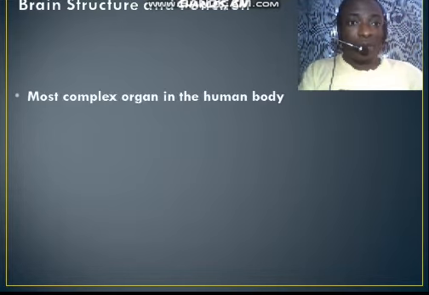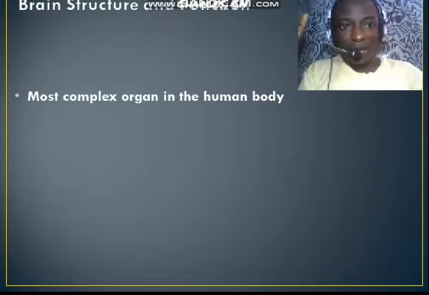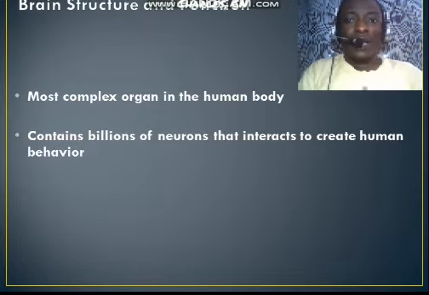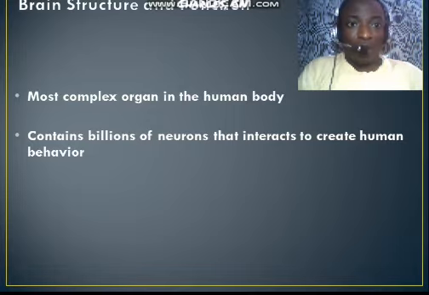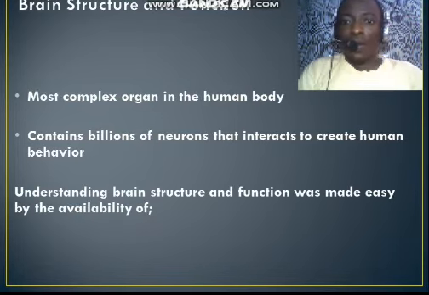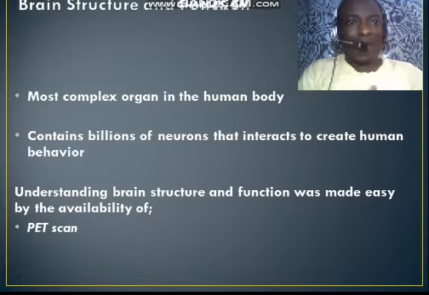Brain and function. The brain is the most complex organ in the human body. It contains billions of neurons that interact with one another to create human behavior. Understanding brain structure and function has been made very easy through the use of the PET scan. PET scan simply means positron emission tomography.